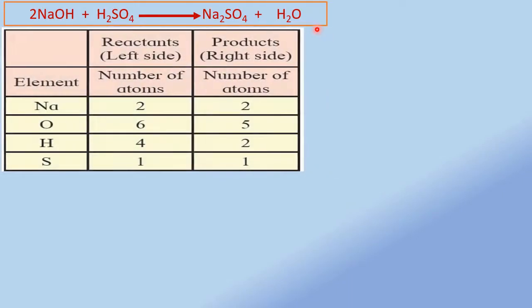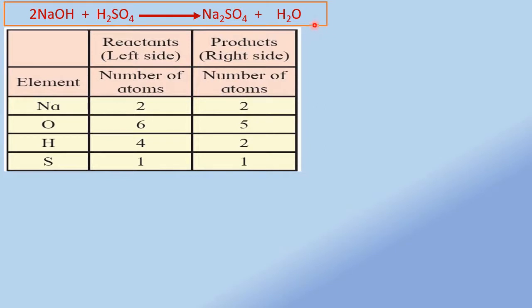We find that the equation is not balanced as the number of oxygen and hydrogen atoms are unequal on both sides. So, let us first balance the hydrogen atoms in the reaction.